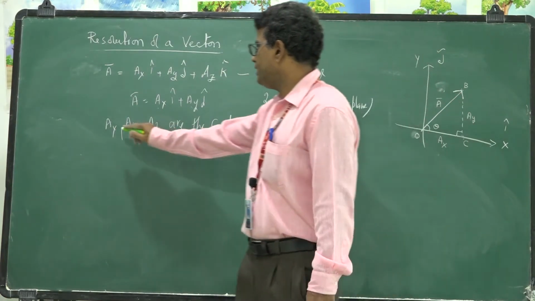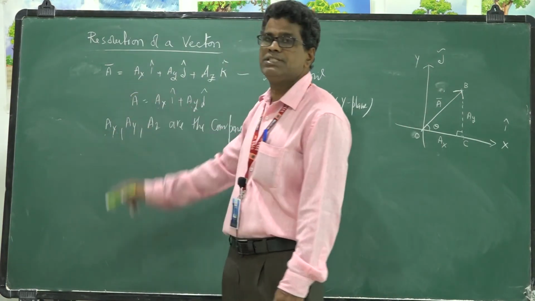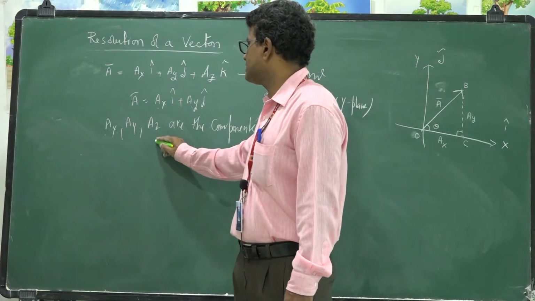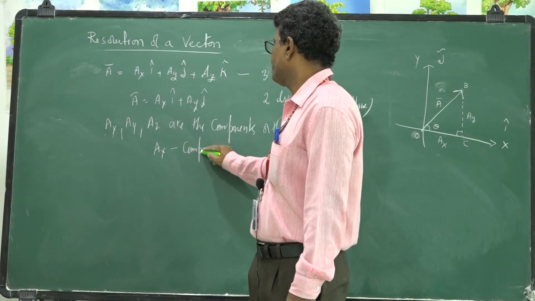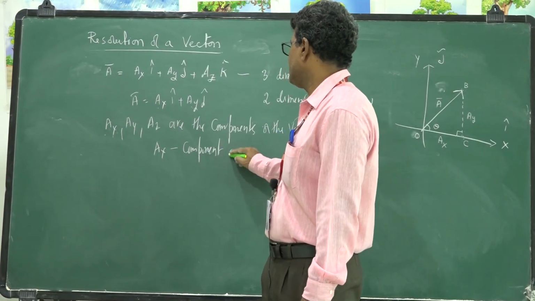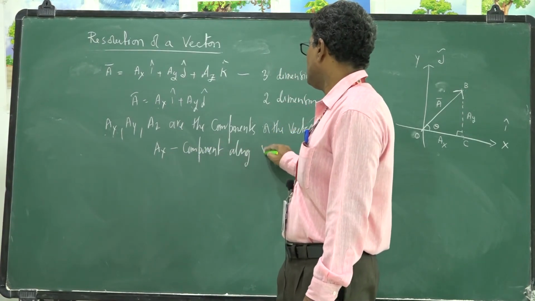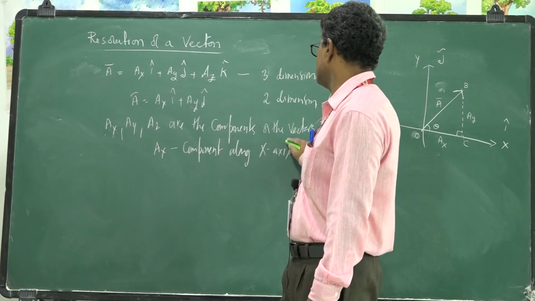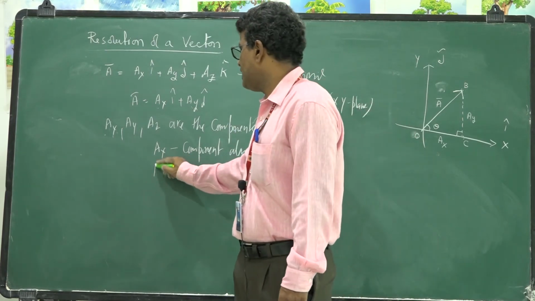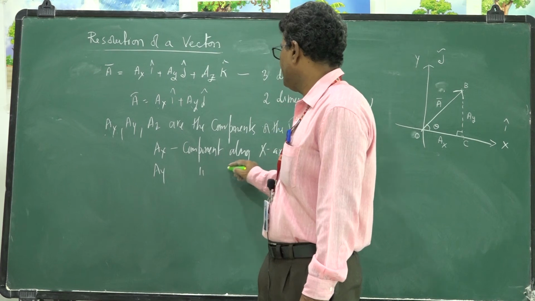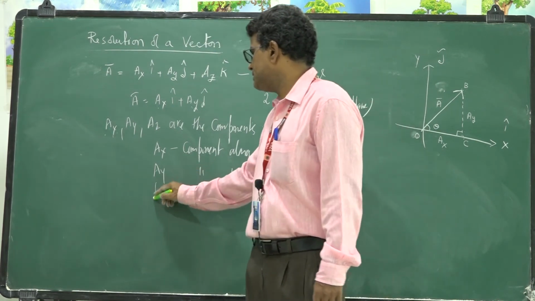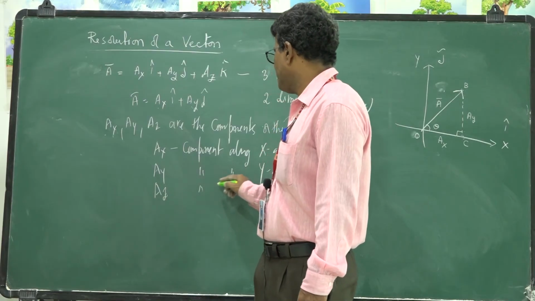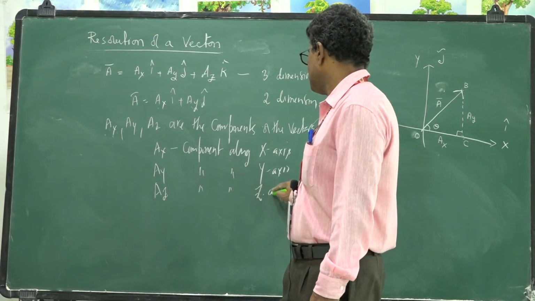Ax is the component along the x-axis, Ay is the component of the vector along the y-axis, and Az is the component of the vector along the z-axis.